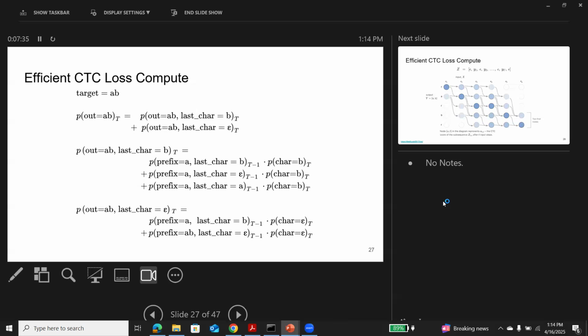And also we can have repeated characters, because you remember we could glue them together.